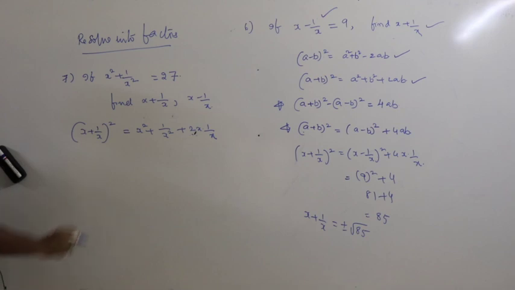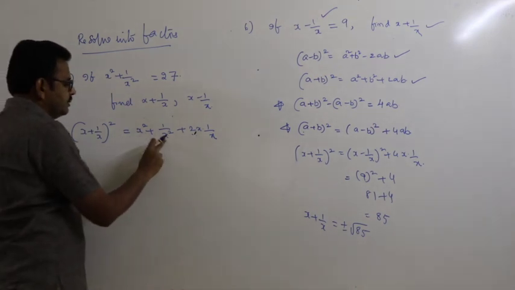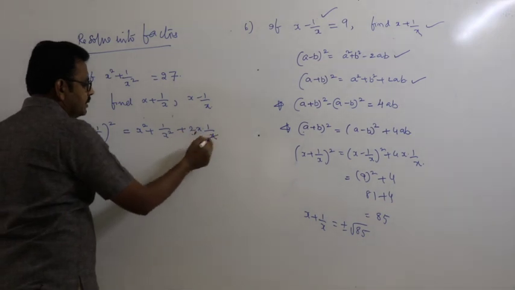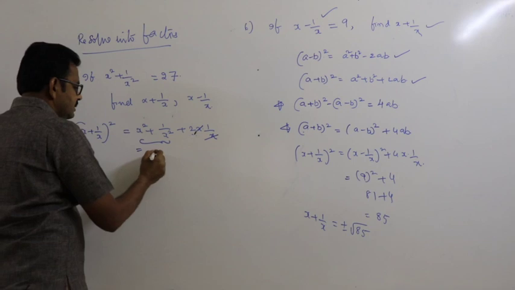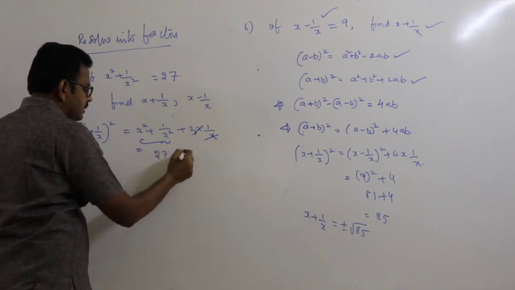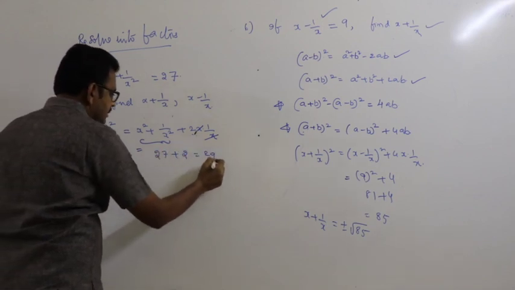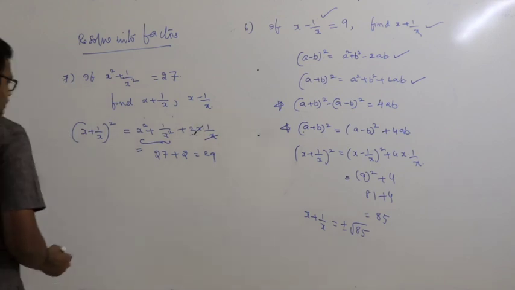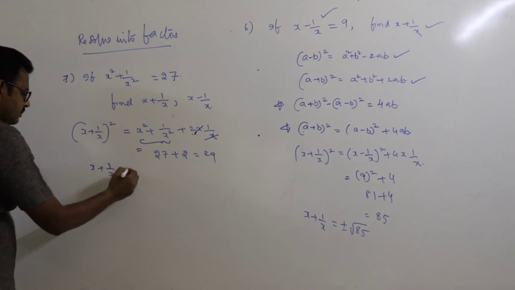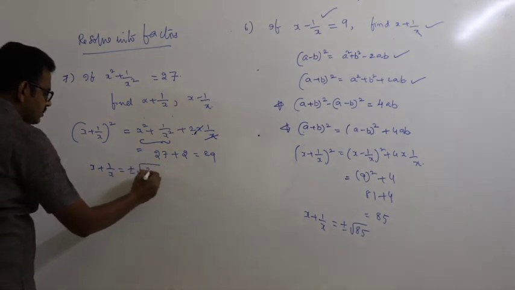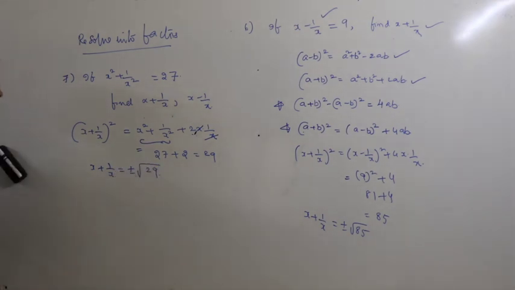A plus b whole square is equal to a square plus b square plus 2ab. These two get cancelled. The value is given, 27. 27 plus 2, that is 29. Therefore, x plus 1 by x is equal to plus or minus root of 29.